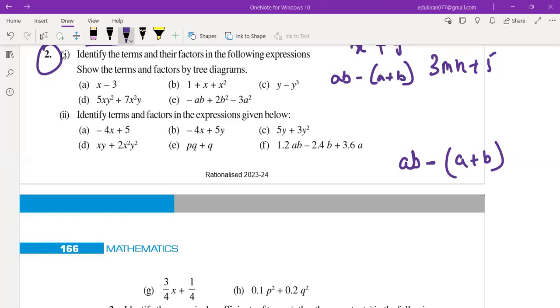Ma'am, I have a doubt. For the factor, if a variable is in square, we have to split it up and write it, right? Yes, 2 times. Okay, ma'am.